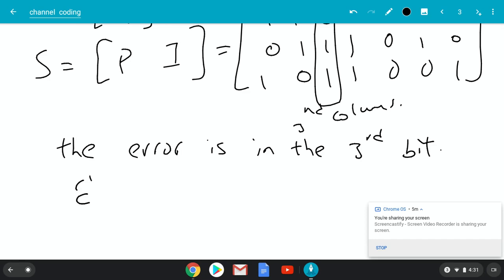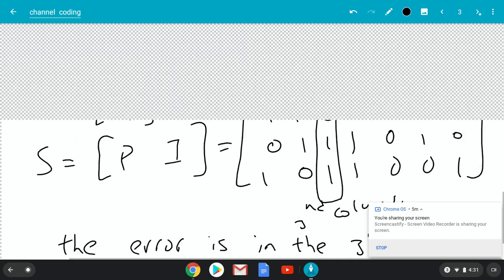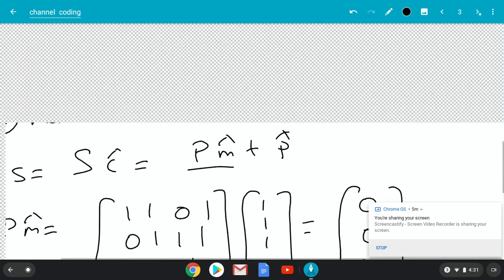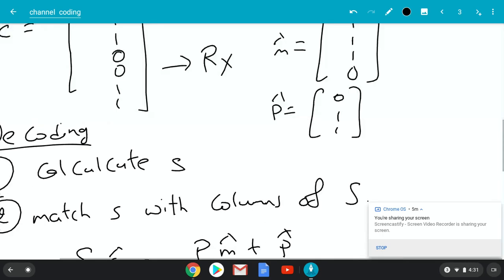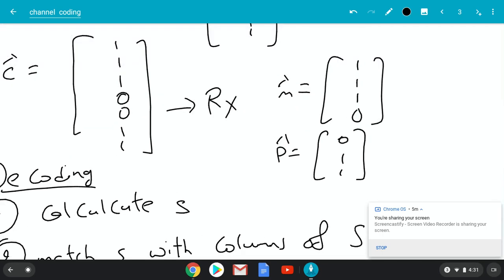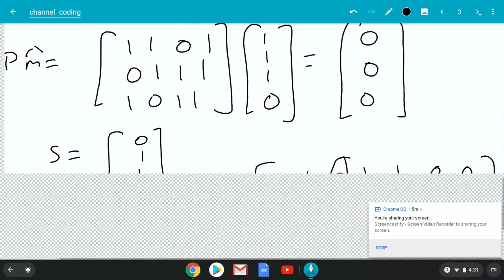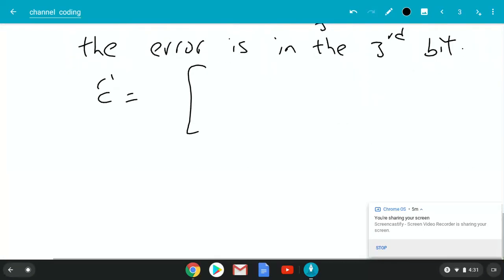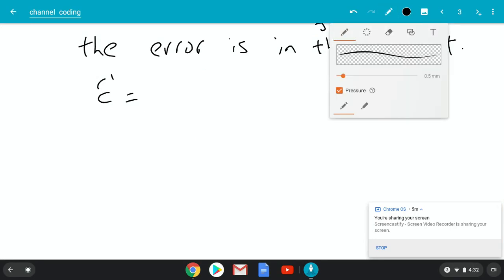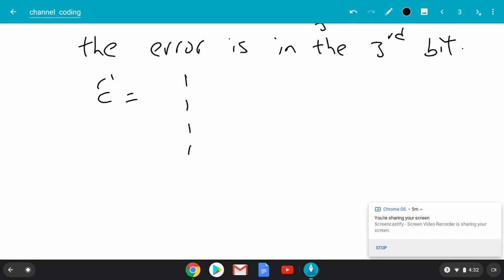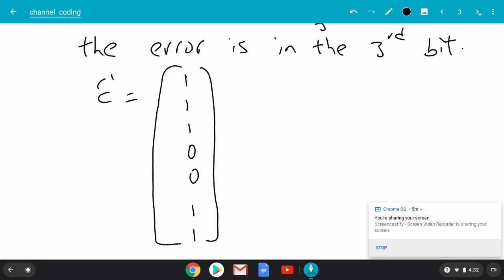Okay, so my c hat was, again, I'm going to copy from here, 1110011, right? 1, 1, 1, 0, 0, 1, 1. This is my c hat, and I now know that the error is in the third bit, or at least I think the error is in the third bit. So I go there and flip.